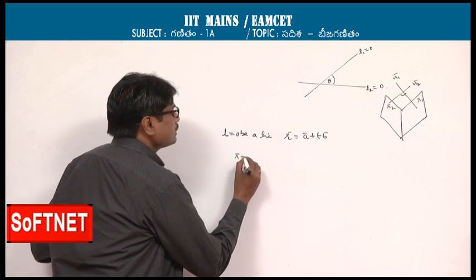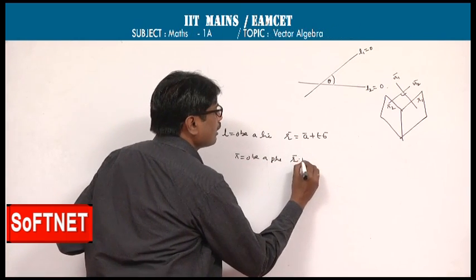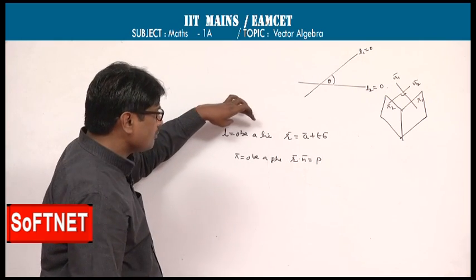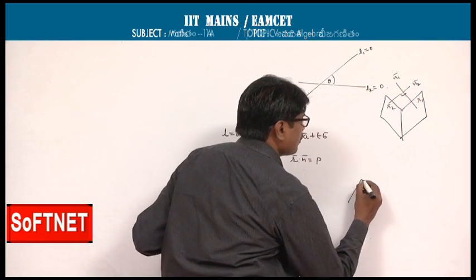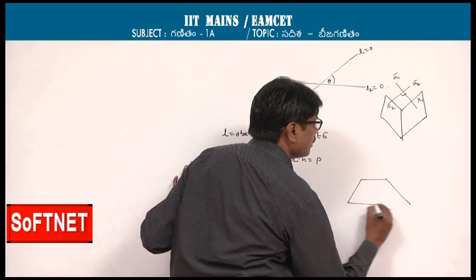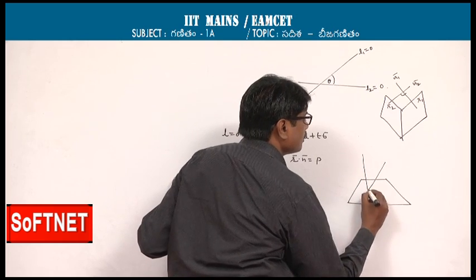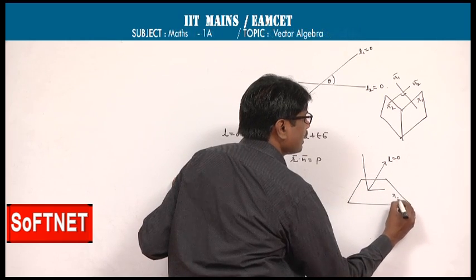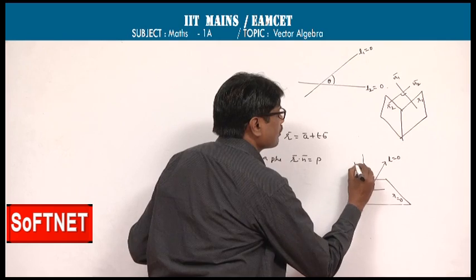Let pi is equal to 0 be a plane, R bar dot N bar is equal to P. Now I want to find the angle between the line and the plane. So pi is equal to 0 is a plane having normal N bar, and this is the angle. This is the line L is equal to 0 and the plane pi equal to 0, and this is N bar.